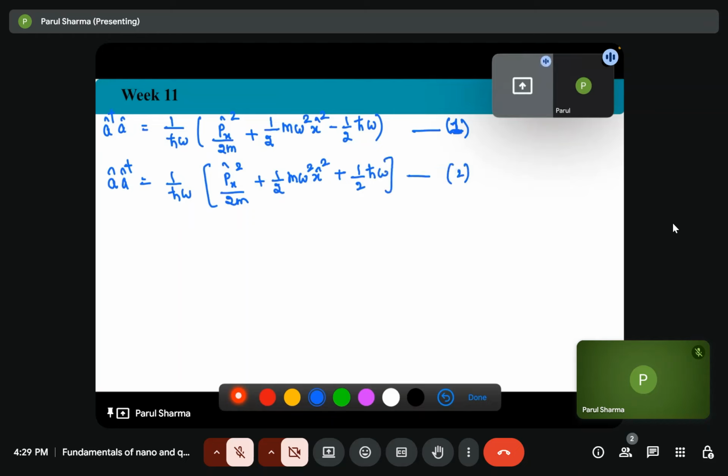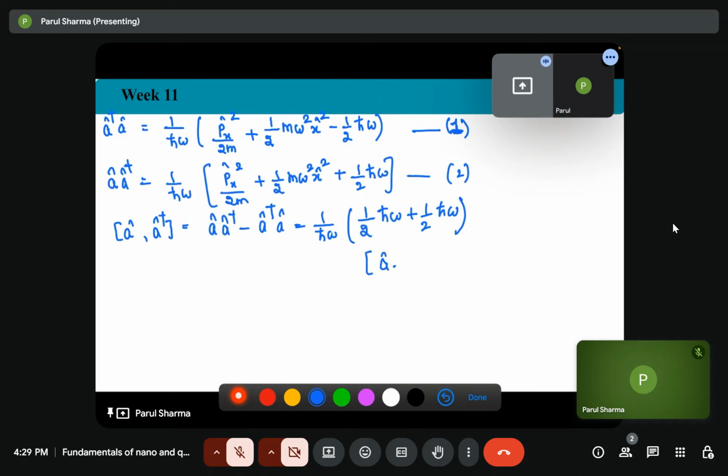So now, if we see the commutation relation, a a dagger minus a dagger a will give us 1 upon h cross omega times 1 by 2 h cross omega plus 1 by 2 h cross omega, which will give us h cross omega over h cross omega, that is 1.